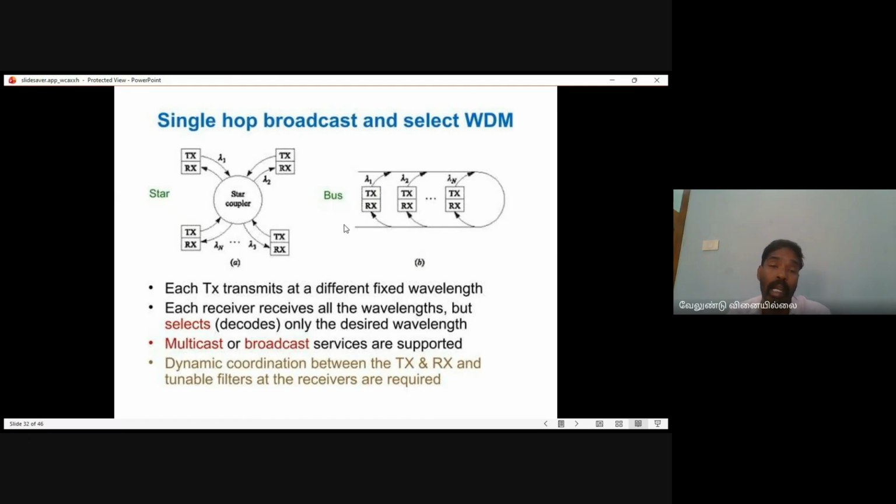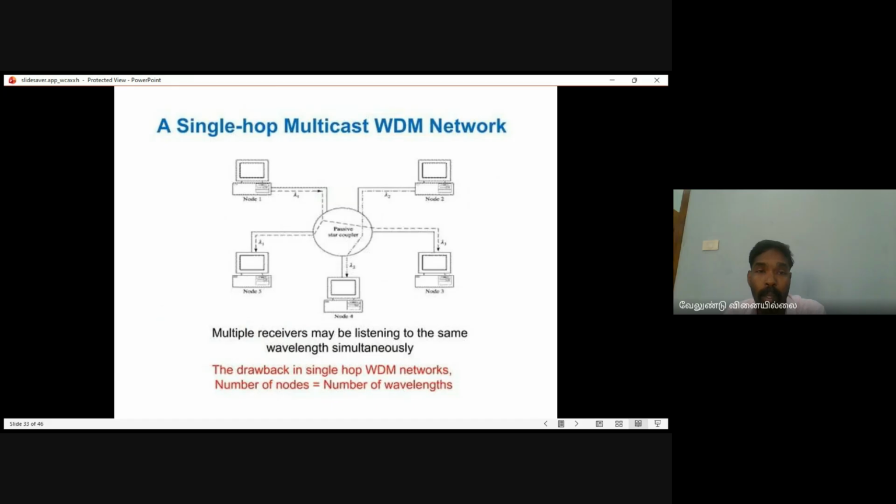Multicasting can be done by bus technology, and broadcasting can be done by star topologies. In WDM, each cable can produce different wavelengths, and different data can pass through one single optical fiber cable. That's a single hop multicast WDM network.